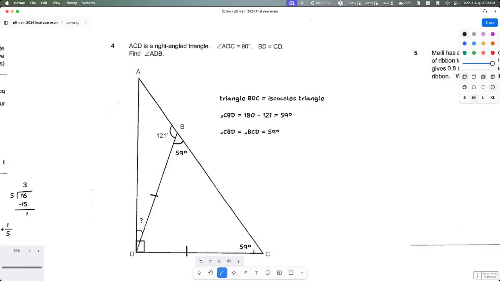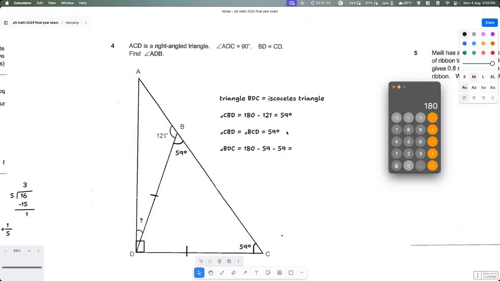So let me draw this out as well. Now what will be angle ADB? Angle BDC is equal to 180 minus 59 minus 59.